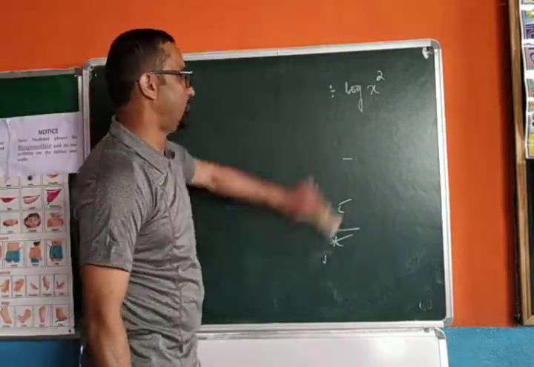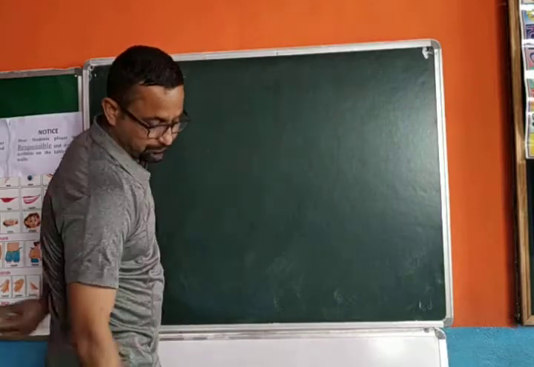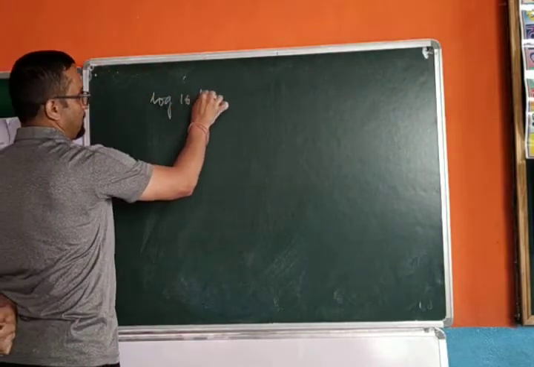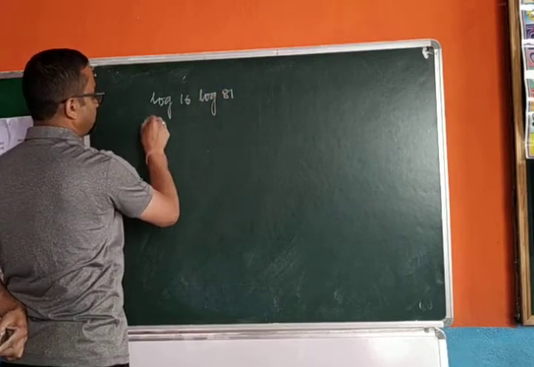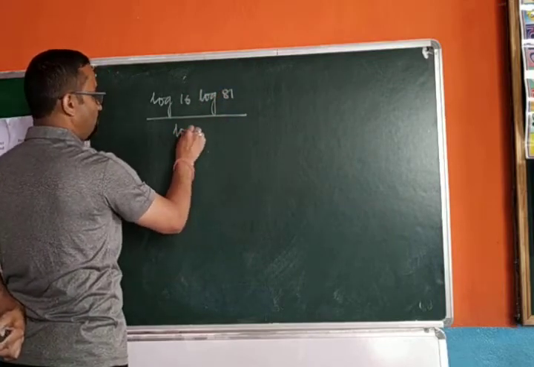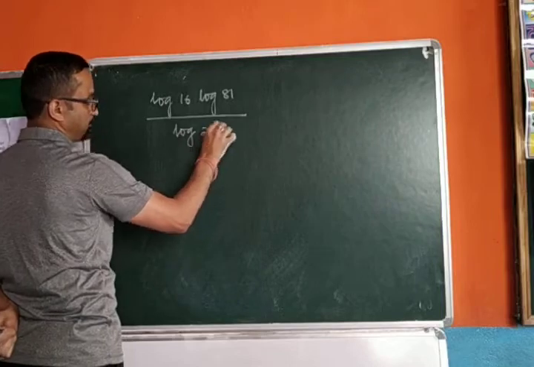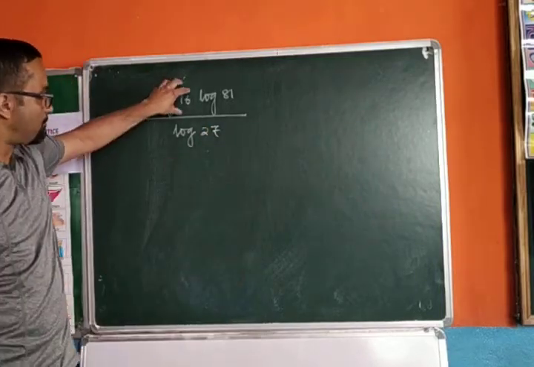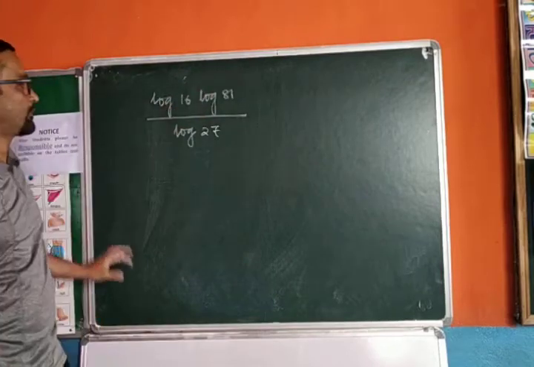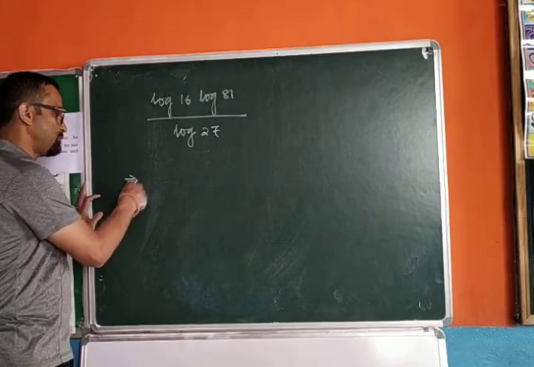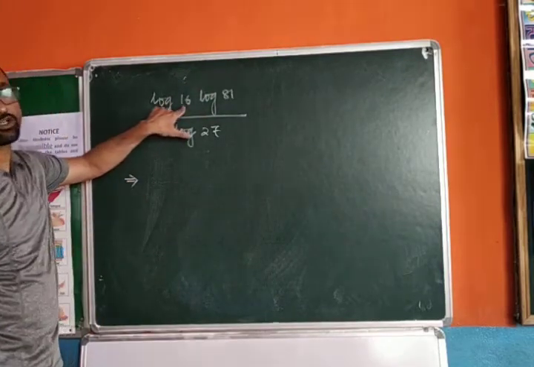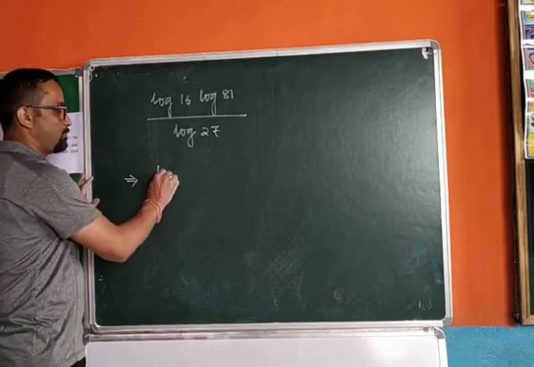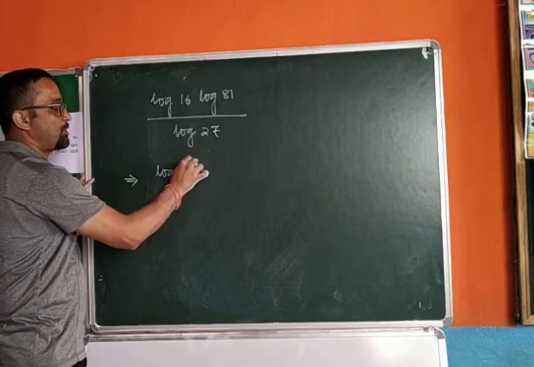Similarly, you can have sums like this. Log 16 times log 81 over log 27. Look at this sum. In between you have multiplication. So in order to simplify this, log 16 has to be changed. It is log 2 to the power of 4.